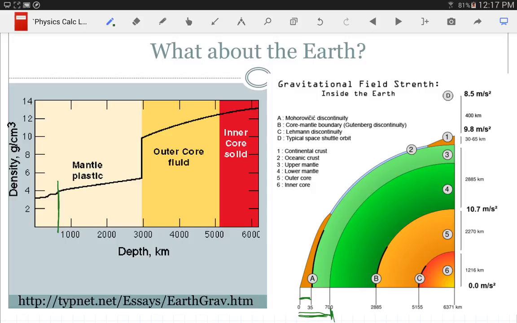And so at the Moho, because nobody likes to say Mohorovicic, you have it changing to the mantle, which is much more consistent. And then you get down here to 700 meters, and it doesn't have it named, which is surprising. This is called the asthenosphere.